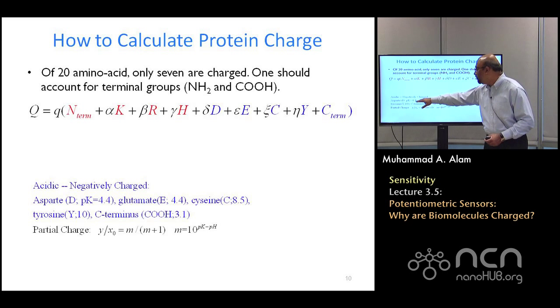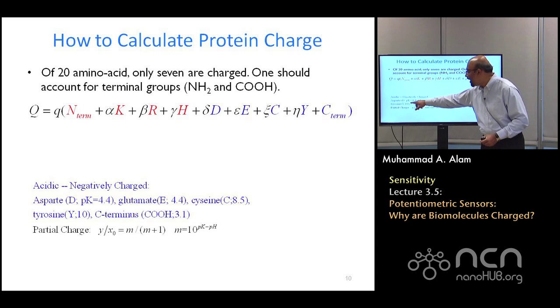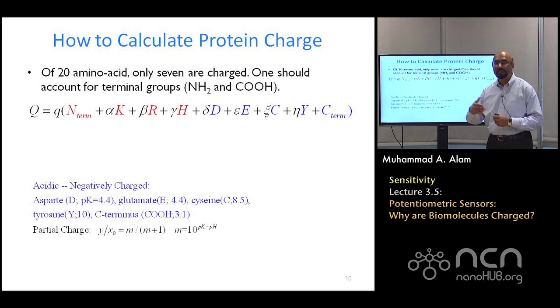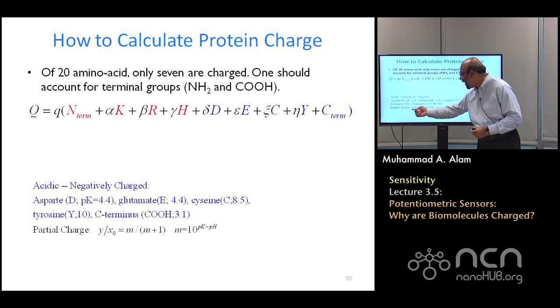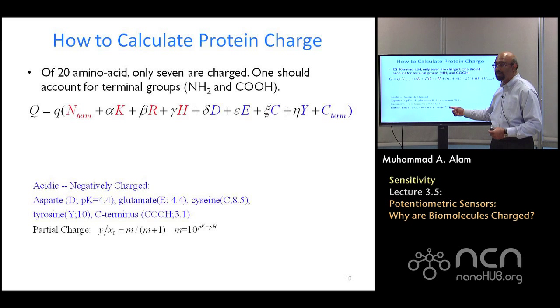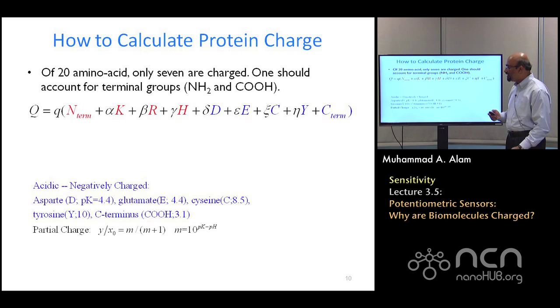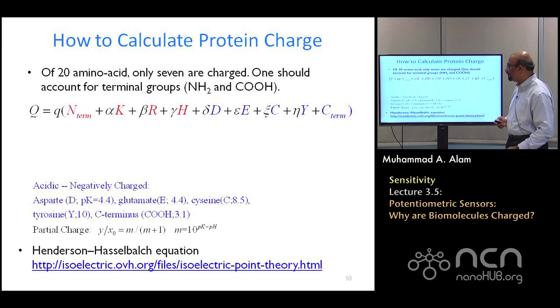And for each one of them, there is a separate value. This value is important because the group can be singly charged or uncharged. And you remember that we have a simple formula to know what fraction of them, with respect to the original content, is charged. It is simply given by m divided by m plus 1, and that depends on pH. Again, this will be in the appendix, so don't worry about it. Just this simple formula will do.